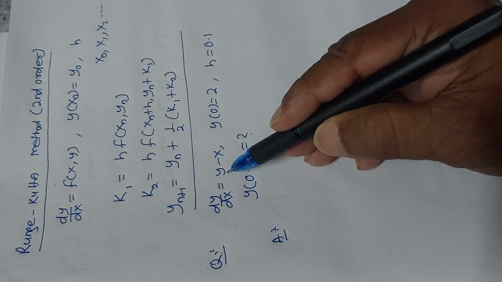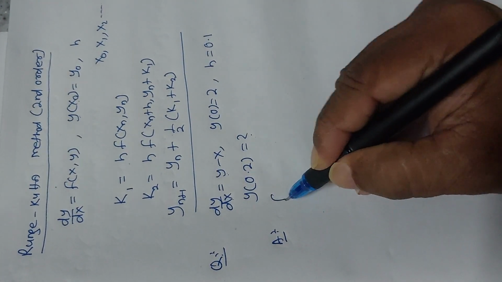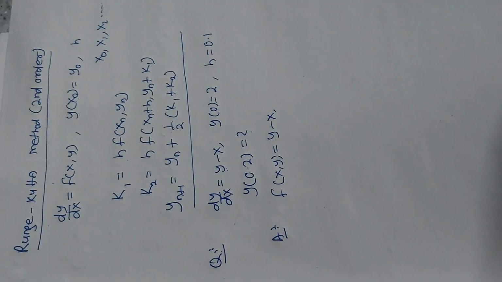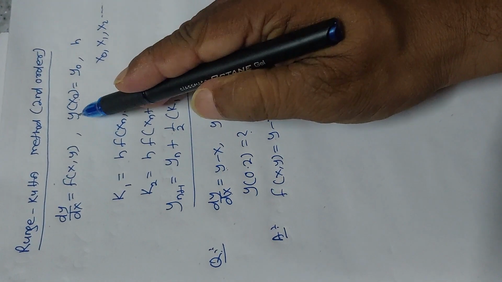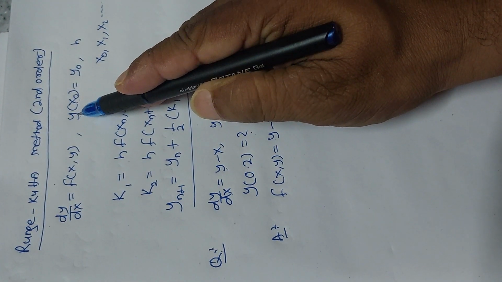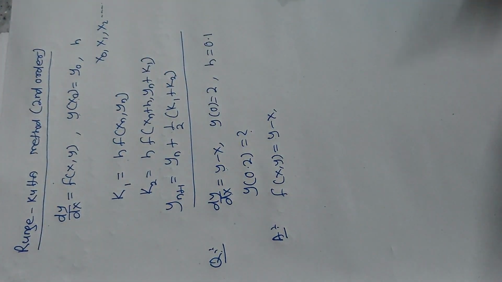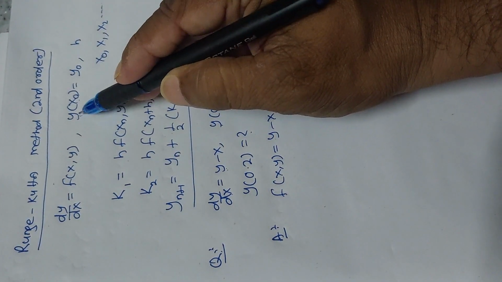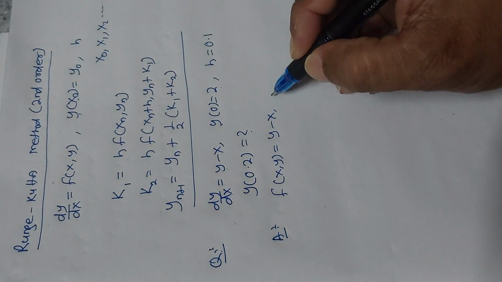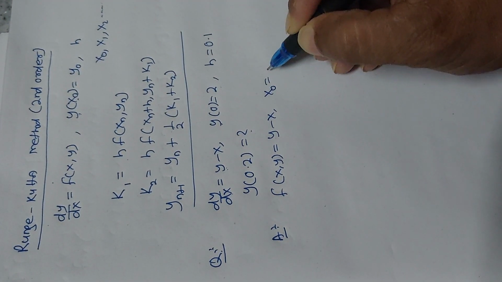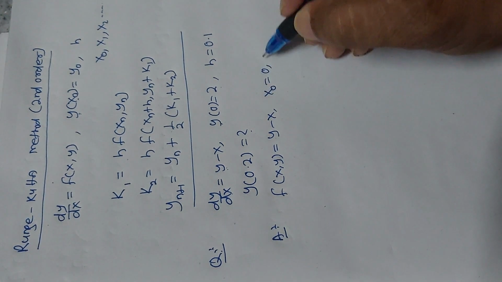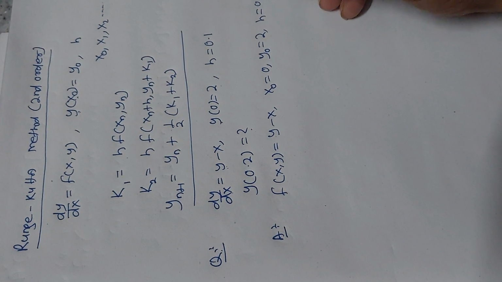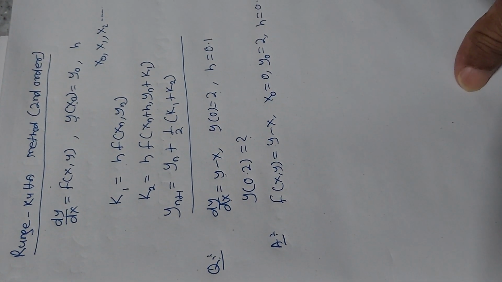Here dy by dx is equal to y minus x, so f of x, y is y minus x. Next, the value of y at x0 is y0, so here x0 is equal to 0, y0 is equal to 2, and h is already given in the question, h is equal to 0.1.